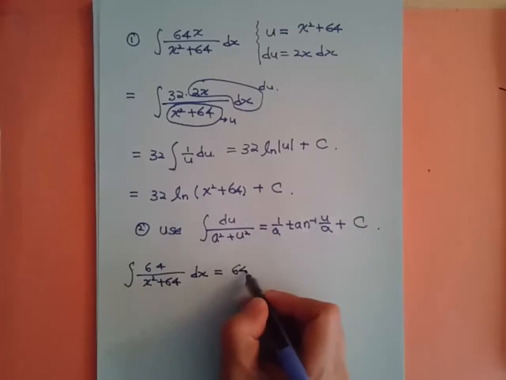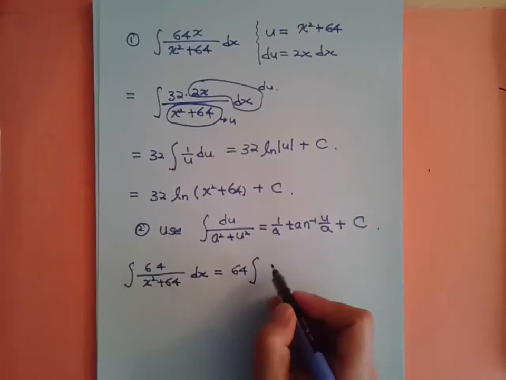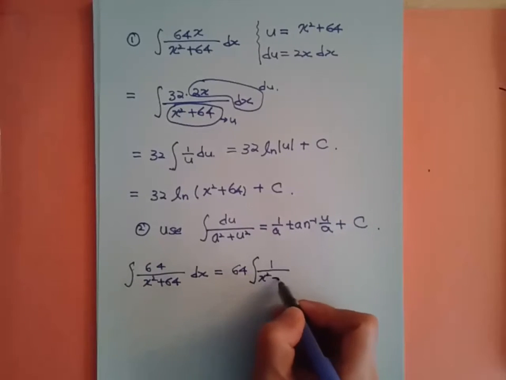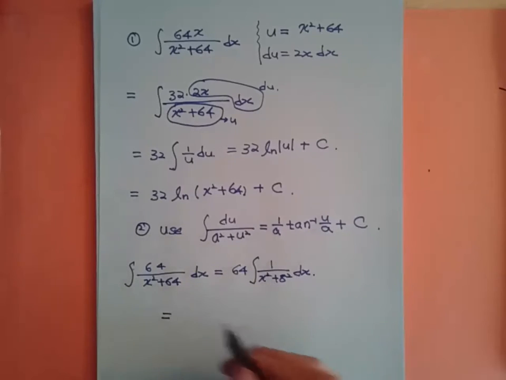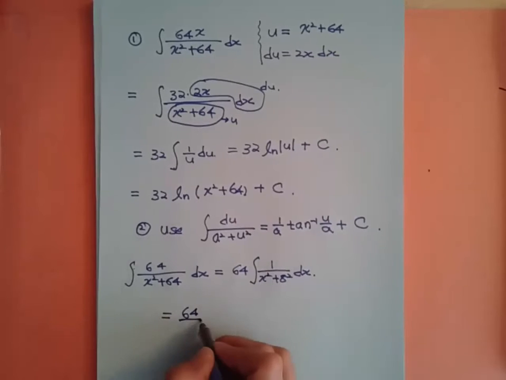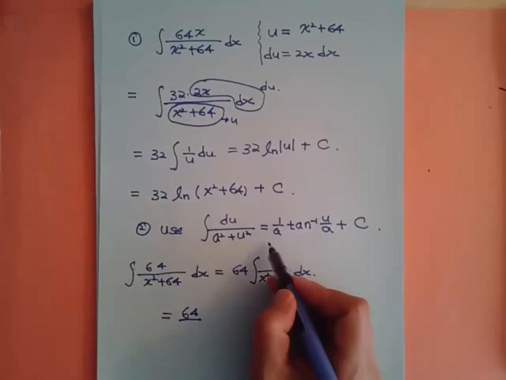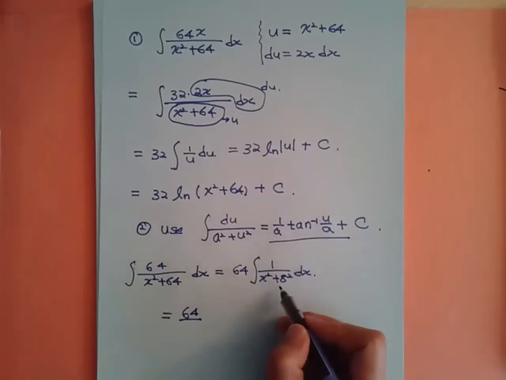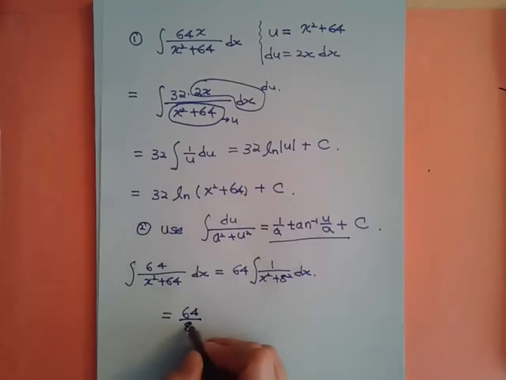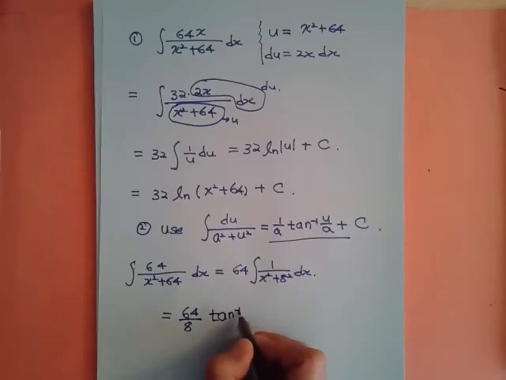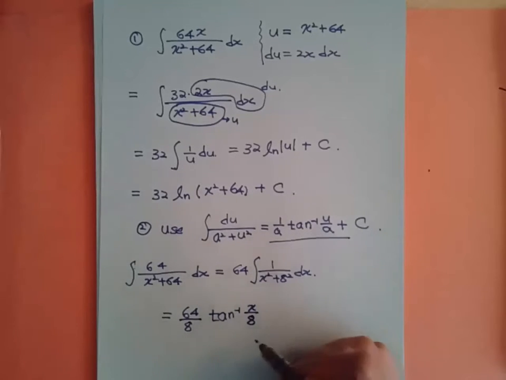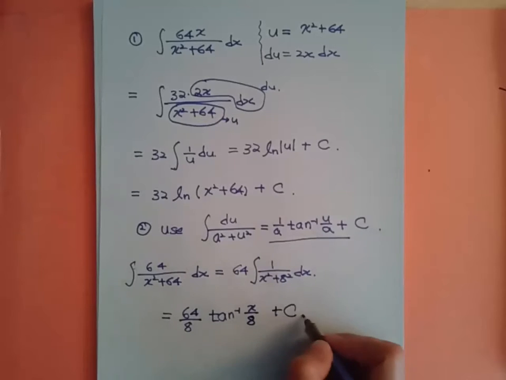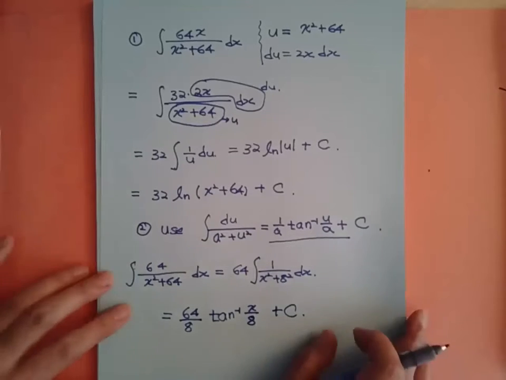That can be written as 64 times the integral of 1 over x squared plus 8 squared dx. Using this formula, a equals 8, u is x, so it is 64 over 8 tangent inverse of x over 8 plus c.